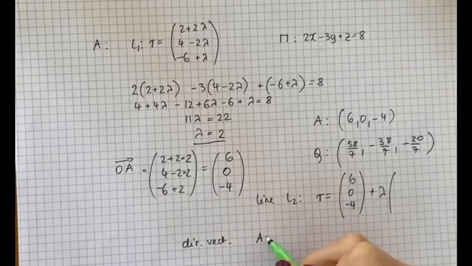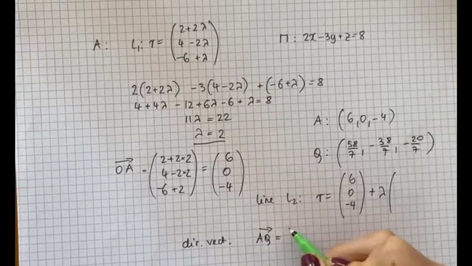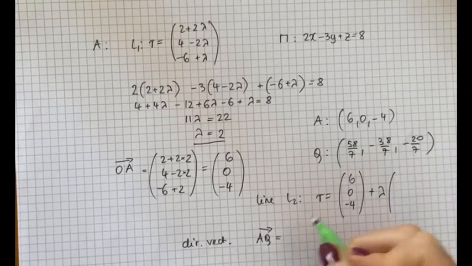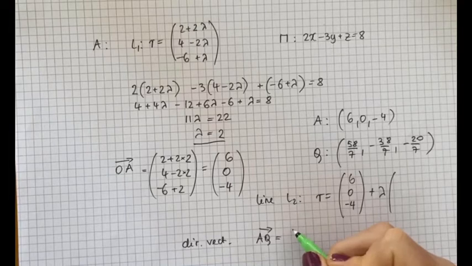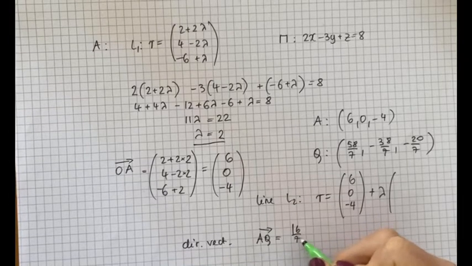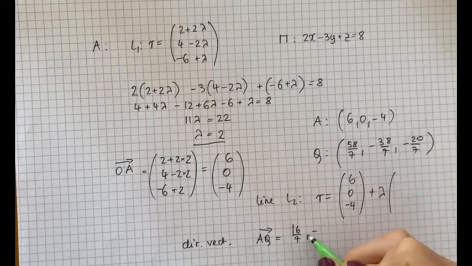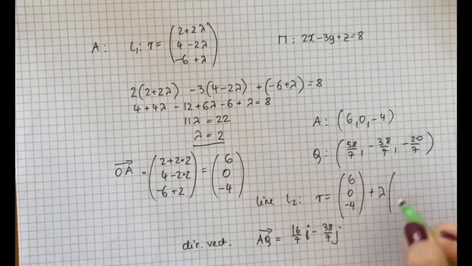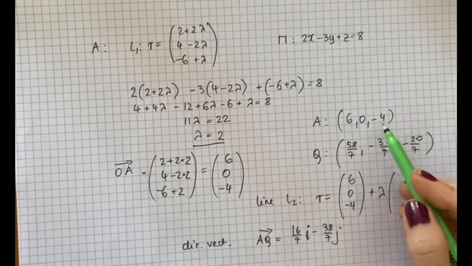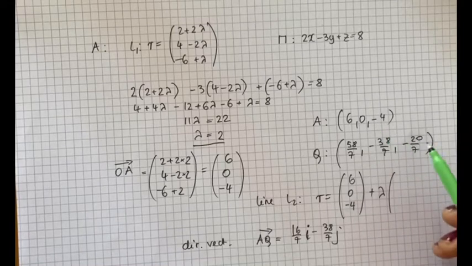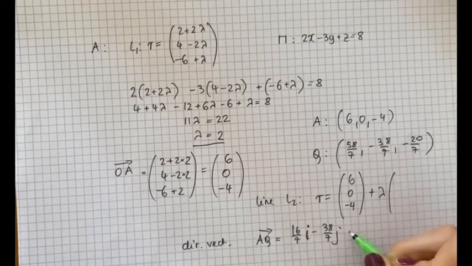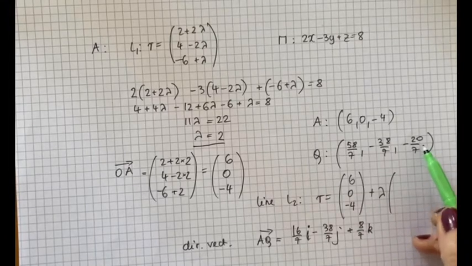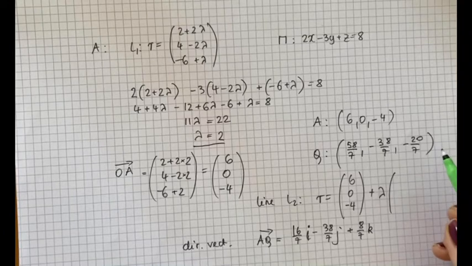Let's go for AQ. So it's going to be Q minus A, so it's 58 minus 42. You can do it on the calculator. So that's going to be 16 sevenths, then minus 38 sevenths J, and then minus 20, take away negative 28, so add 28 will give me 8 sevenths K. Just double check, minus 20 minus minus 28 is plus 8. That's correct.